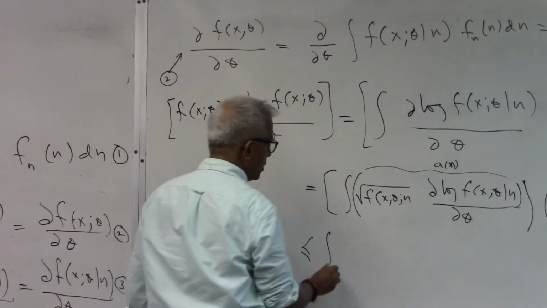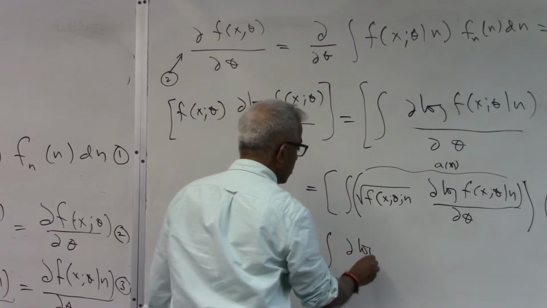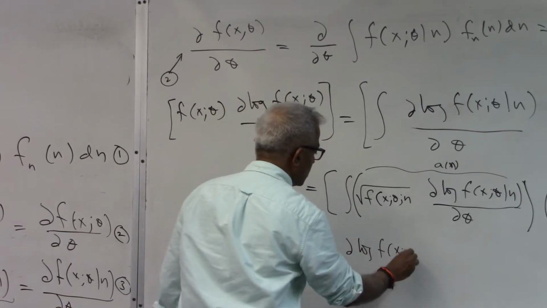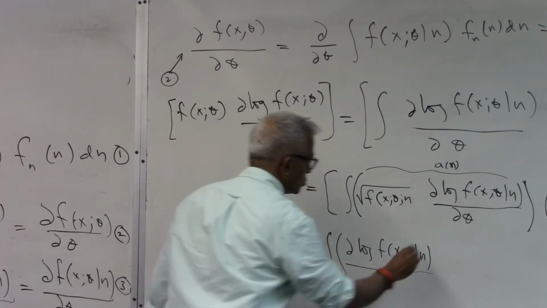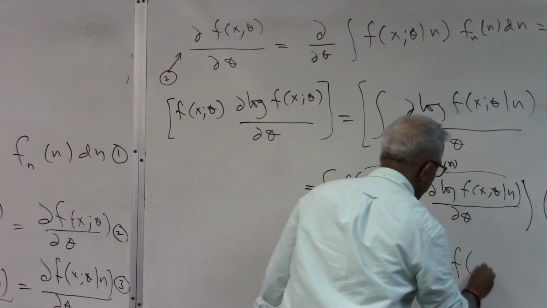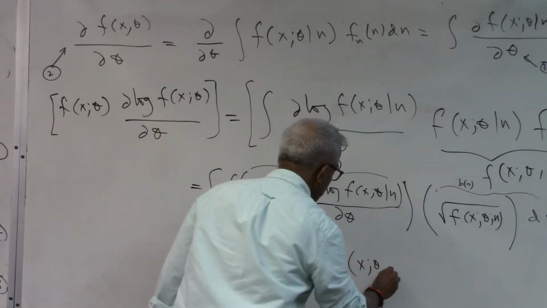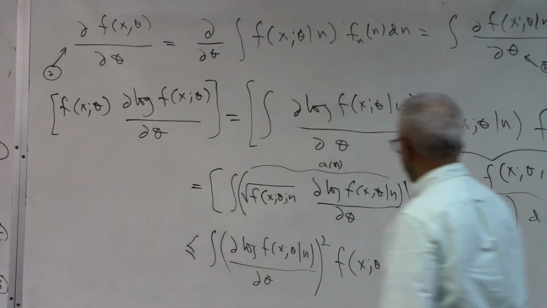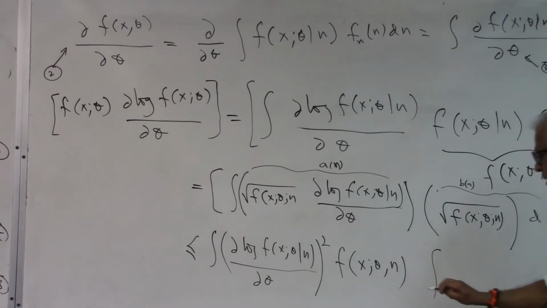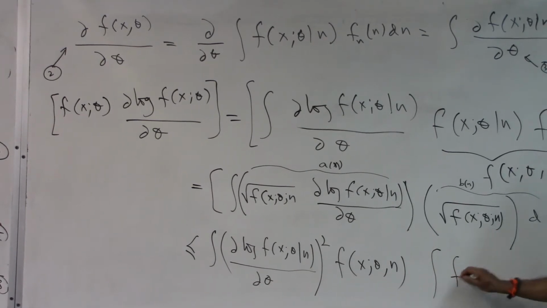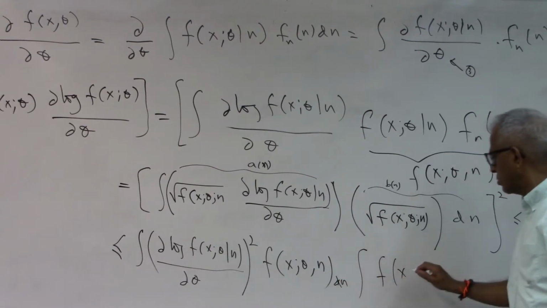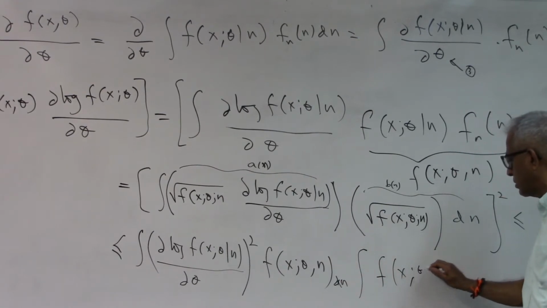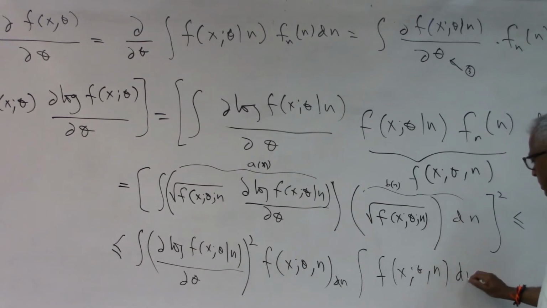So this is going to be the integral of d log f of x comma theta conditioned on n d theta squared multiplied by f of x comma theta comma n, multiplied by the integral of f of x comma theta comma n dn.